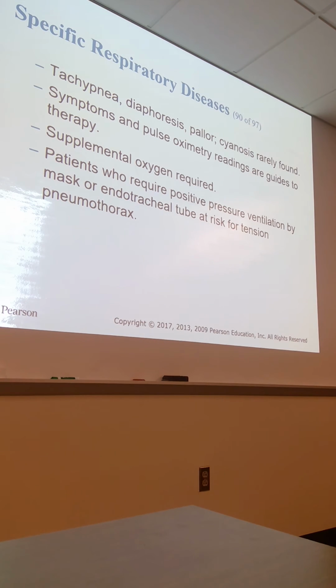If they require positive pressure ventilation, then do that. Once again, it's unusual for a simple pneumo to require positive pressure ventilation, and it increases the risk of tension. There's an increased risk of a pneumo and tension anytime you're providing positive pressure ventilation to a patient. So just be aware of that.